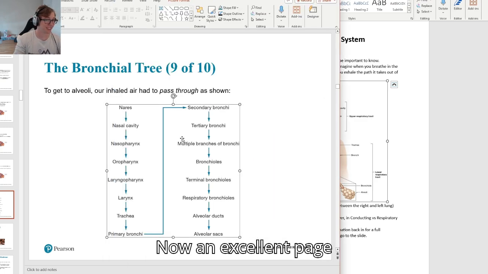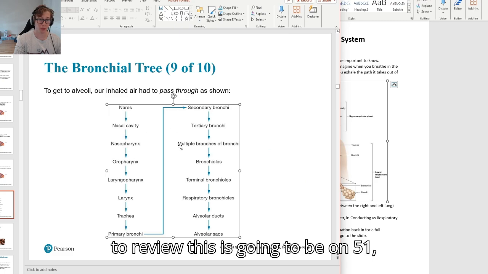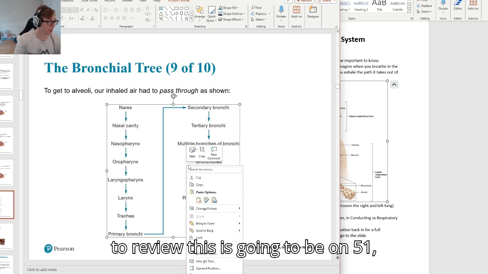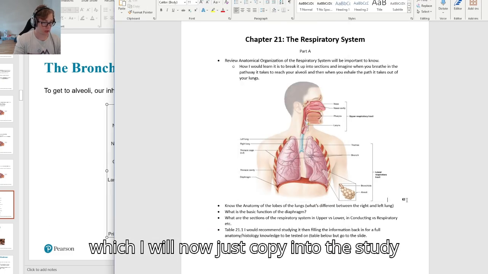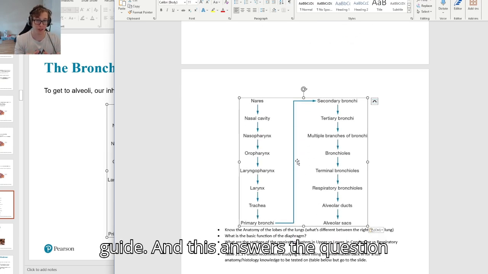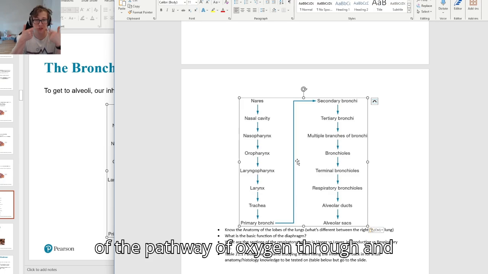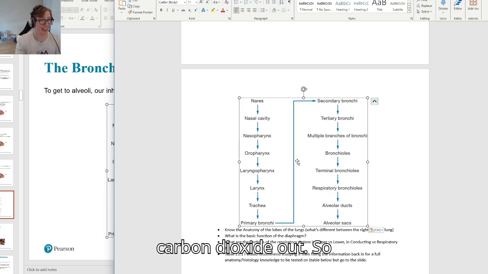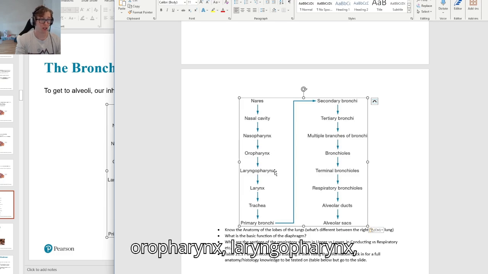Now, an excellent page to review this is page 51, which I will copy into the study guide. This answers the question of the pathway of oxygen in and carbon dioxide out. Nares, nose, nasal cavity, nasopharynx, oropharynx, laryngopharynx, larynx, trachea.